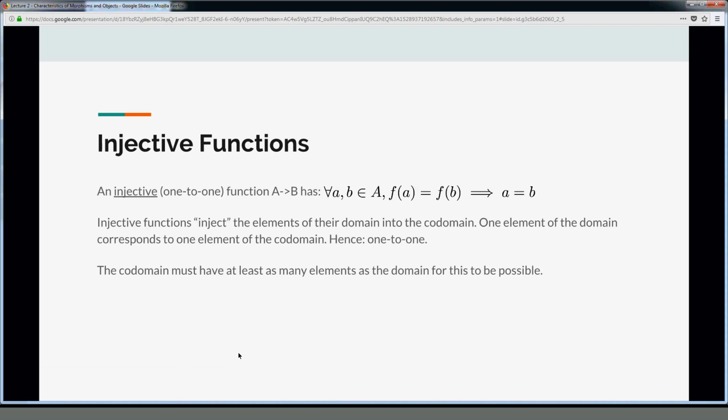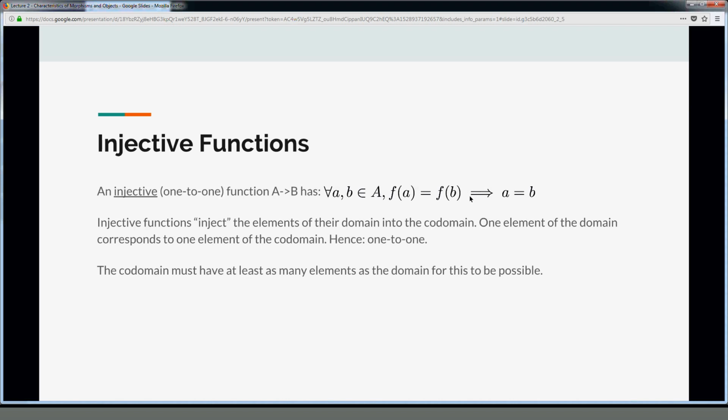Now, there are 2 definitions for these sorts of properties. One is an injective function. An injective function, you can think of as sort of injecting the elements of the domain into the codomain. So that means that if 2 elements in the domain map to the same element, they're equal.